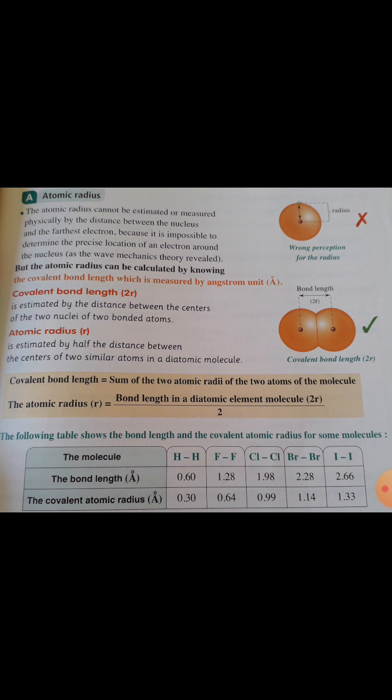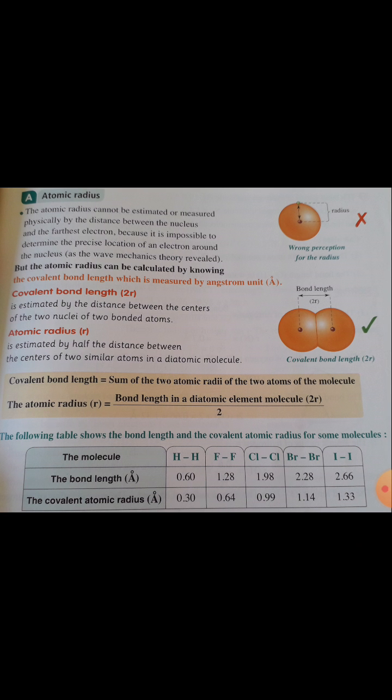In case of covalent molecules of elements, which consist of similar atoms, here we can determine, as you can see, the bond length of the covalent bond of these two bonded atoms. So, covalent bond length is estimated by the distance between the centers of the two nuclei of two bonded similar atoms.